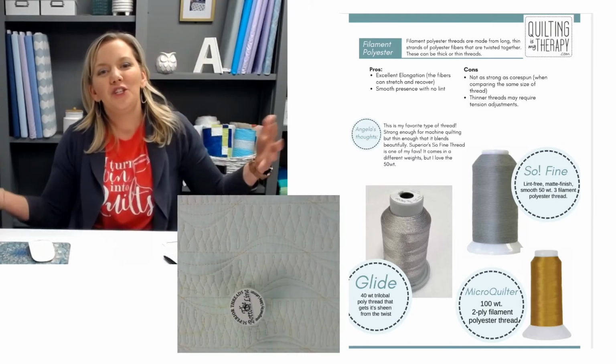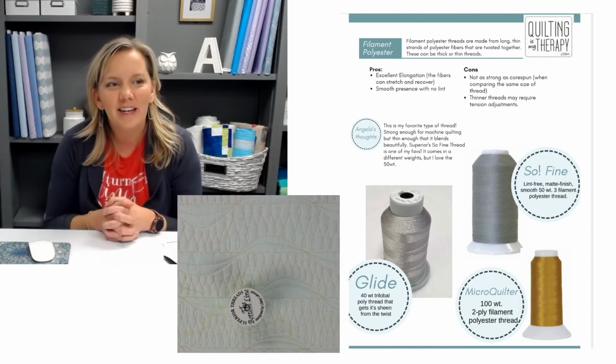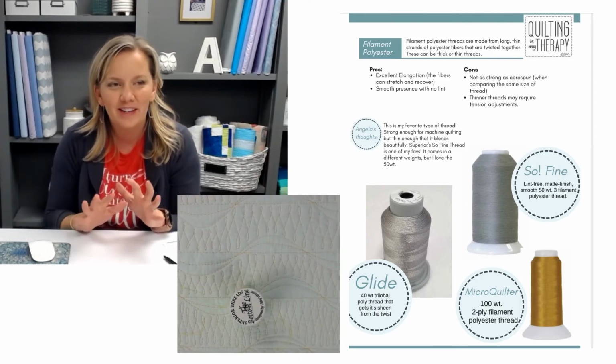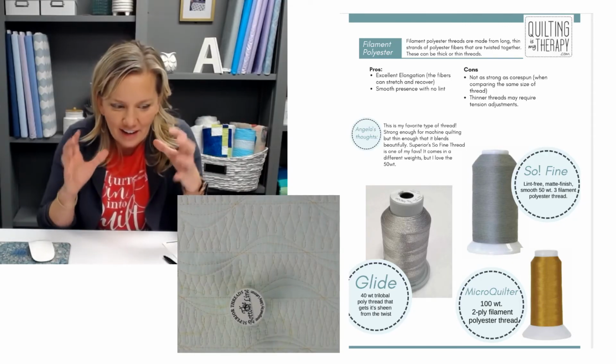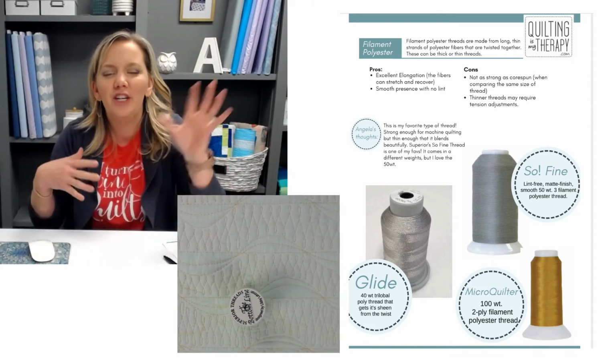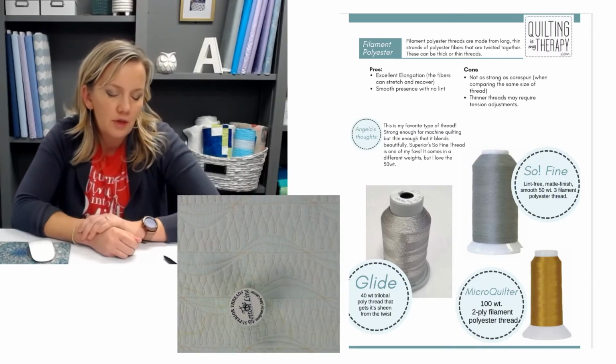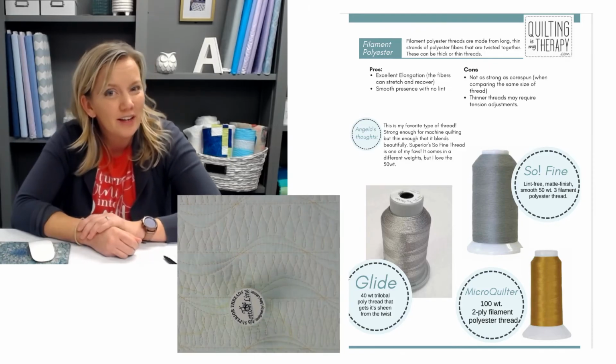So that brings up the question, what do you do if you're working with threads that are giving you trouble? Well, find a thread and a weight that works for you, and I just kind of hung out in that area until I felt more comfortable with the machine quilting, and then you can reach out and try some different stuff. Okay, so thinner threads will require tension adjustments. That's the biggest thing to remember when it comes to polyester thread.